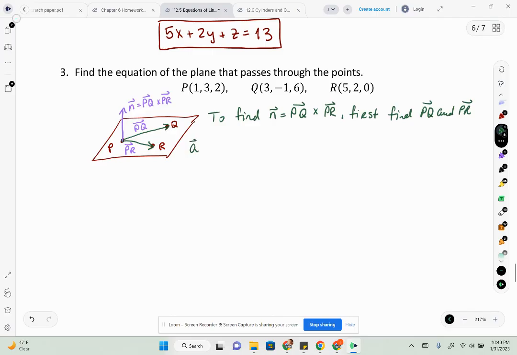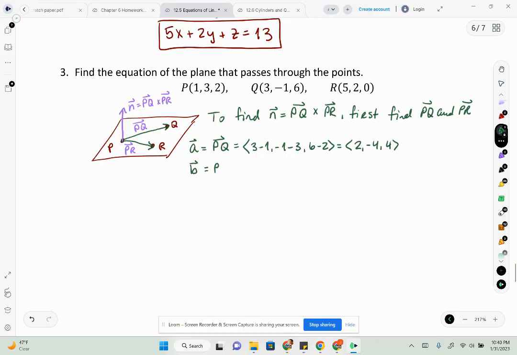I'm going to let A equal PQ. So when I create PQ, I take the Q values and subtract the P values. So it's 3 minus 1 in the first component, negative 1 minus 3 in the second component, 6 minus 2 in the third component. That gives me 2, negative 4, 4.